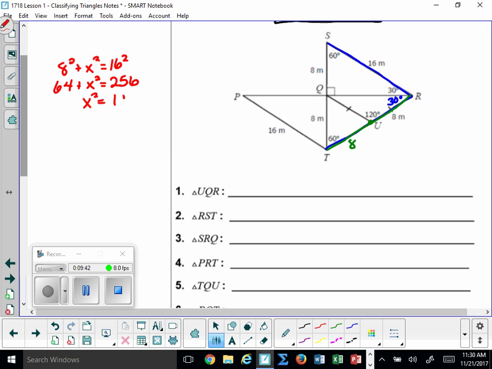That's 192, I believe. So x is the square root of 192. Let's see, can we simplify that? 96, 2, 48.